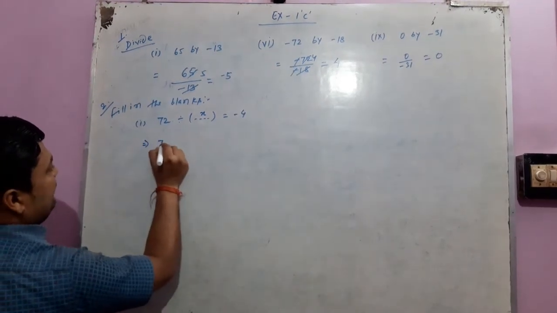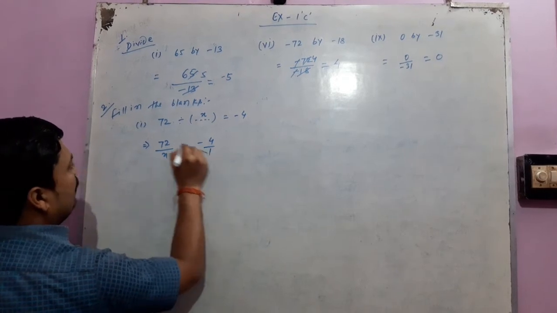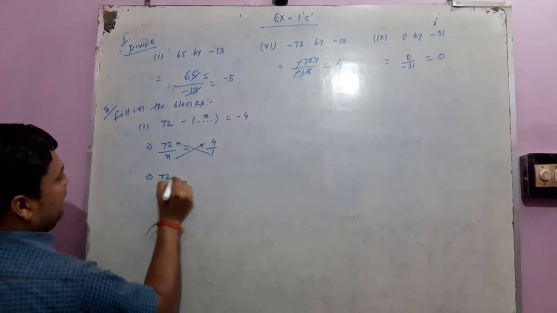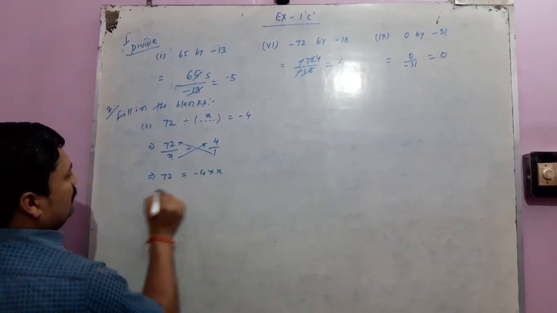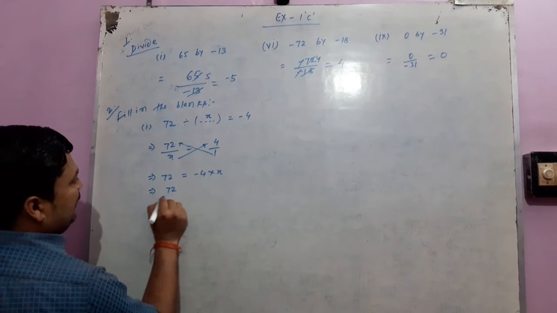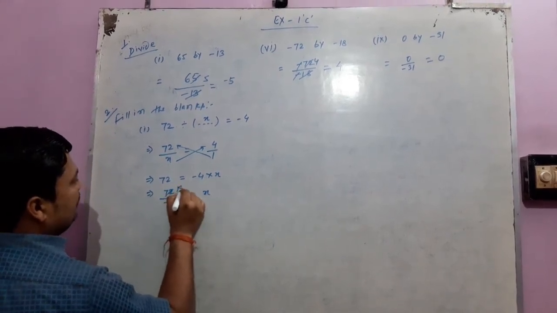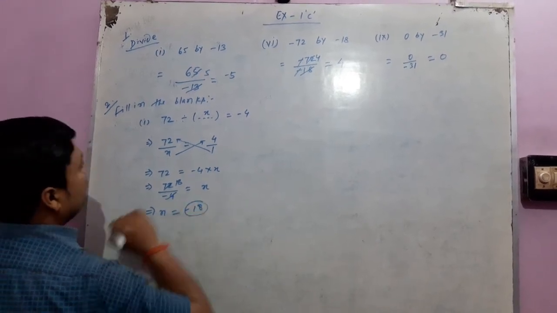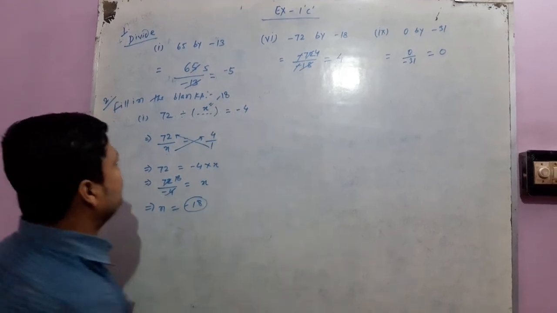Therefore 72 by x equals minus 4. Now cross multiplying, 72 is equal to minus 4 into x. Therefore 72 by minus 4 is equal to x. 4 eighteens are 72. Therefore x is equal to minus 18.